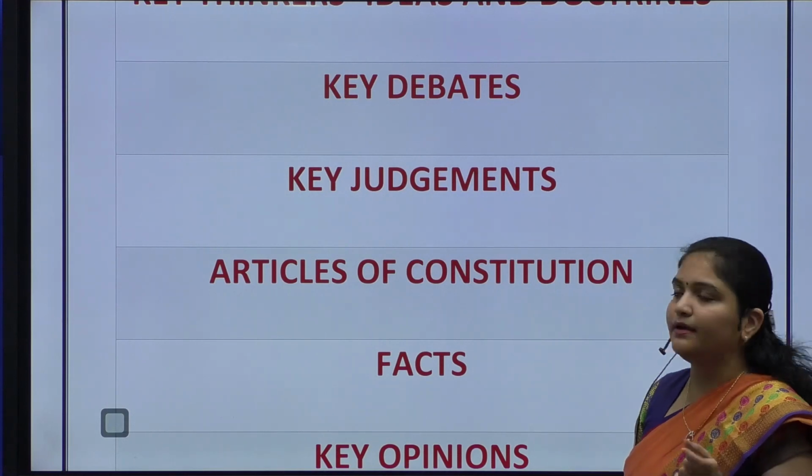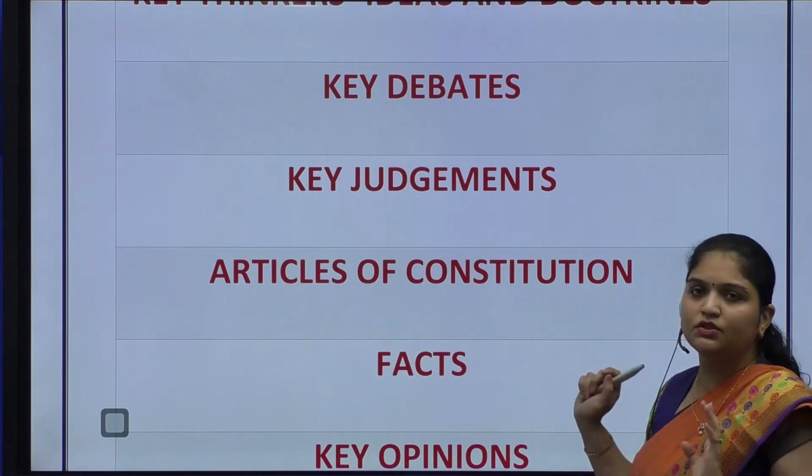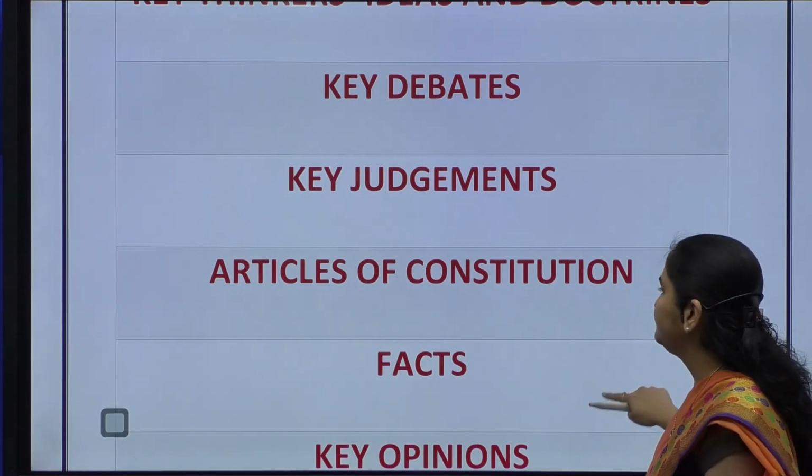So in this way, we have to remember the articles of the Constitution.